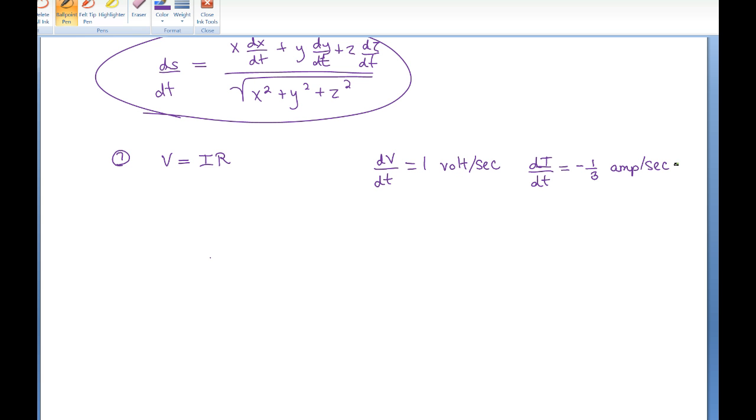For part A, we just want to find the value of dV/dt. Does it say anything is constant? No. So we're not going to assume anything's constant at this point, and we're not going to plug any of our values in, even if they gave it to us. We differentiate first, and then we look to see what we can plug in. So for part A, we're just going to do d/dt of both sides.